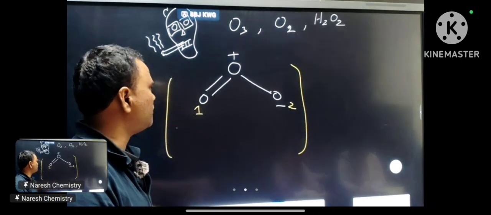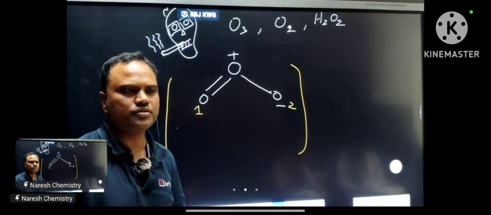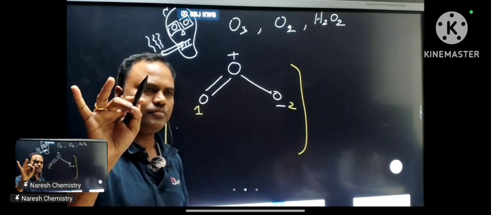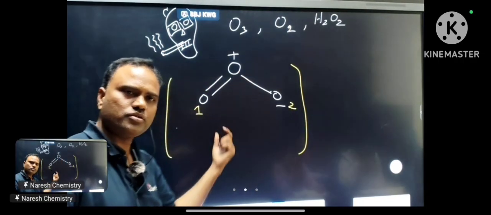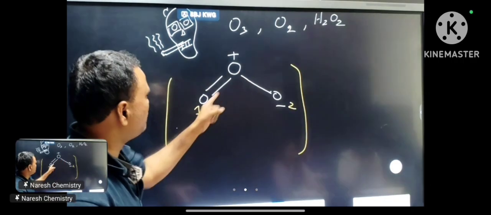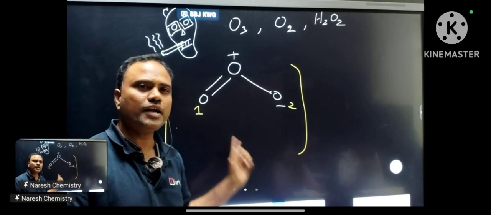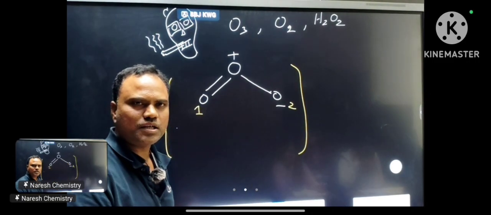Now you tell me, double bond is present in between central atom and the first oxygen, right? In ozone, oxygen is the central atom, oxygen is the surrounding atom. Here double bond is in between central atom and first oxygen. Can we keep double bond between second oxygen and central atom? Yes.